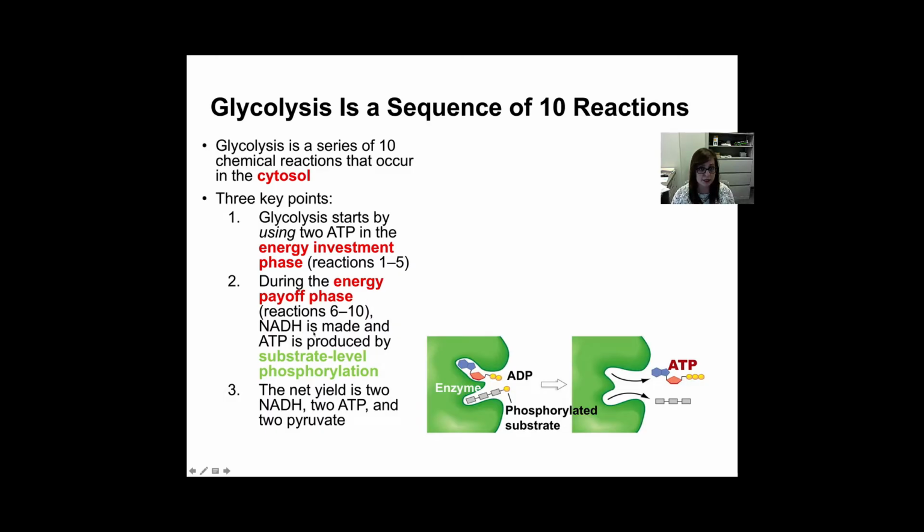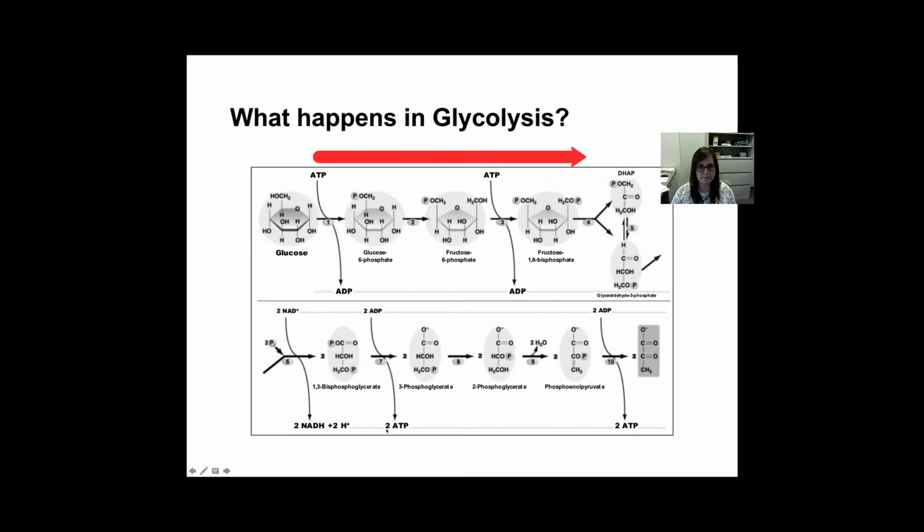NADH is an electron carrier, and ATP is produced in a process called substrate level phosphorylation. What is substrate level phosphorylation? It's when you have a substrate that has a phosphate group, and that phosphate comes off and goes onto ADP to make ATP. And the net yield of glycolysis is 2 NADHs, 2 ATPs, and 2 pyruvate.